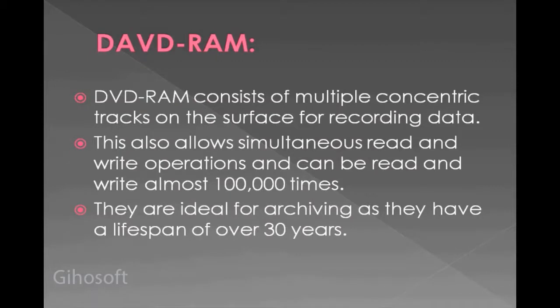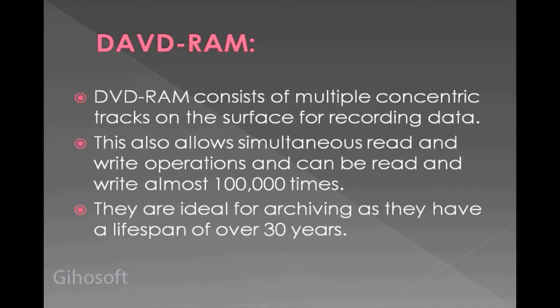There is another type of DVD that is known as DVD RAM. It consists of multiple concentric tracks instead of a spiral track on the surface for recording data. This allows simultaneous read and write operations and can be read and written almost 1 lakh times, or 100,000 times.